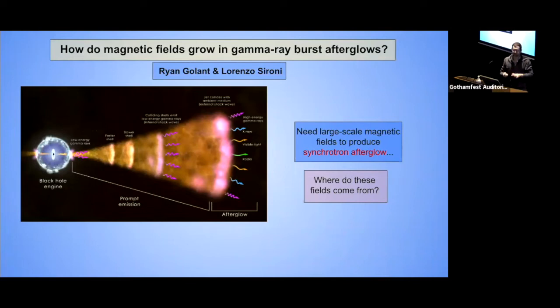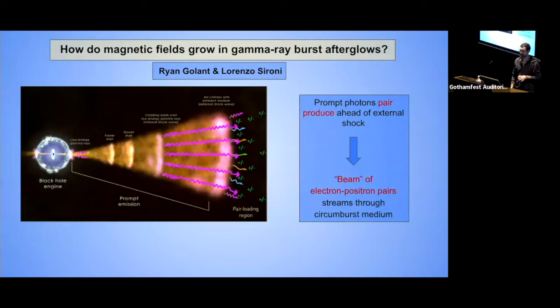So a key ingredient that a lot of models of GRBs are missing is the fact that actually in the early afterglow stage, some prompt photons stream ahead of the relativistic shock. And there in the upstream of the shock, they seed this circumburst medium with electron-positron pairs through pair production.